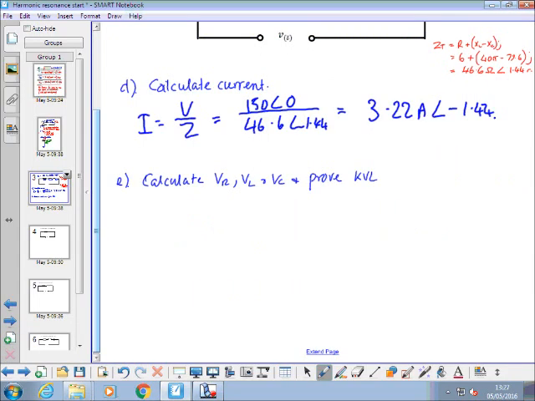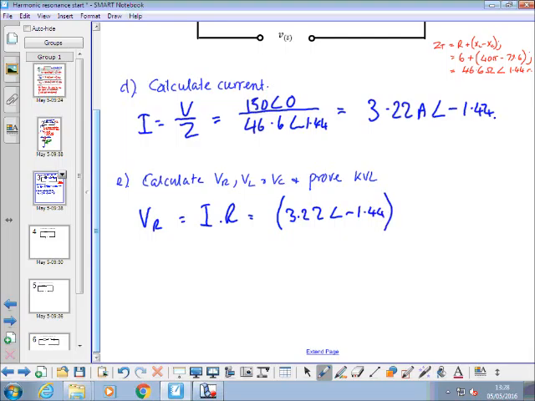So moving on, how do we calculate VR? The total current times the resistance. I times R. I is 3.22 angle minus 1.44, and R is 6, no angle. So how do we multiply those two numbers?